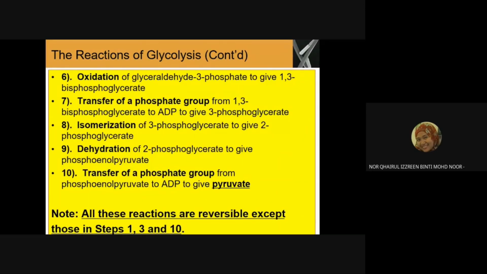Step number 9 is dehydration of 2-phosphoglycerate to give phosphoenolpyruvate, and the final step is the transfer of a phosphate group from phosphoenolpyruvate to ADP to give the final product, pyruvate.